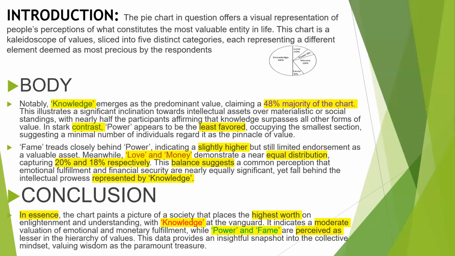Now you're giving the contrast on the other hand. In stark contrast, power appears to be the least favored, occupying the smallest section. So highest and smallest are compared and given as a contrast, suggesting a minimal number of individuals regard it as the pinnacle of value.